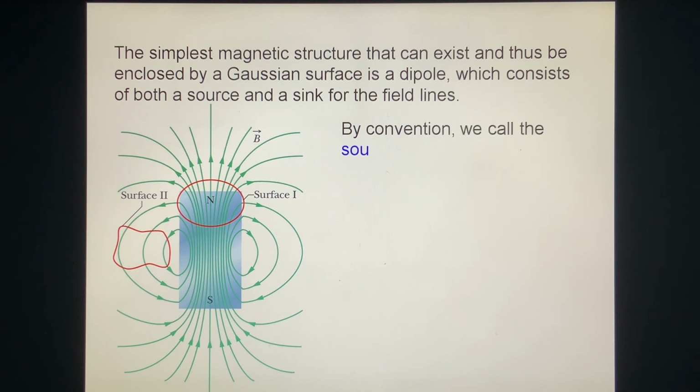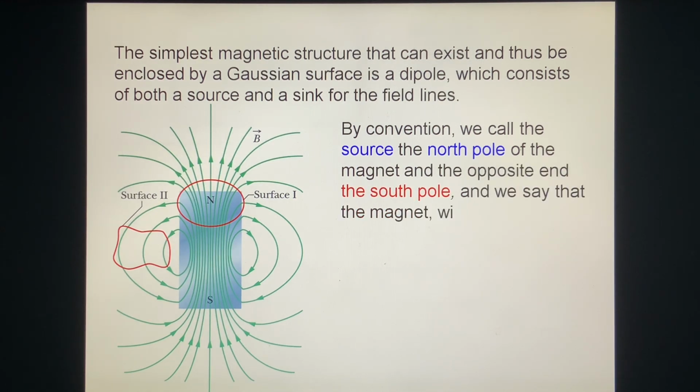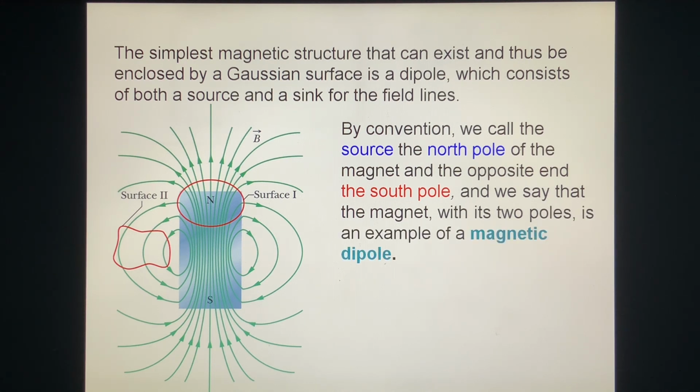By convention, we call the source the north pole of the magnet, and the opposite end the south pole. And then we see that a magnet with its two poles is an example of a magnetic dipole. Magnetic field lines are closed loops, which is different from electric field lines.